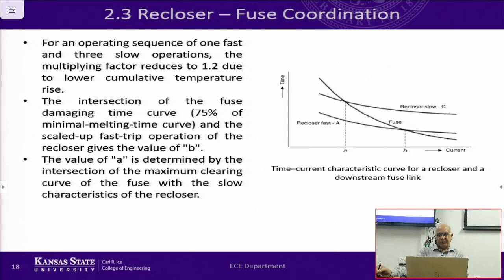And again, the fuse has to be adjusted to 75% of its minimum melt characteristics. So you are pushing the recloser by a small factor, you're pushing the fuse by a small factor. So you have to work within that space to coordinate all these devices.